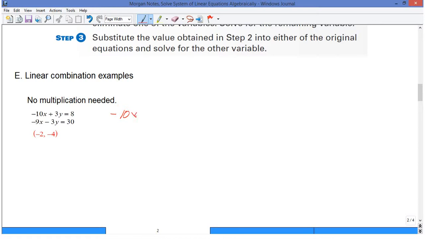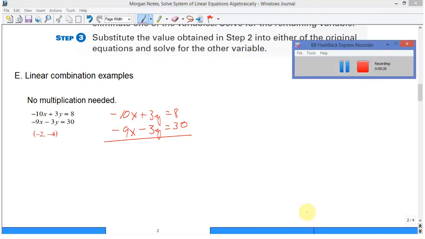So let's give this a shot. Negative 10x plus 3y equal to 8, minus 9x minus 3y equal to 30. So now when I add these two equations together, I'm going to get a negative 10x and a minus 9x.